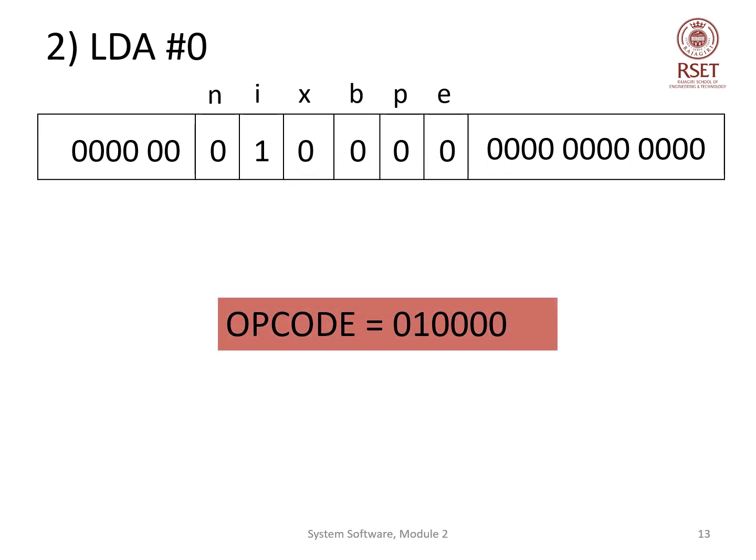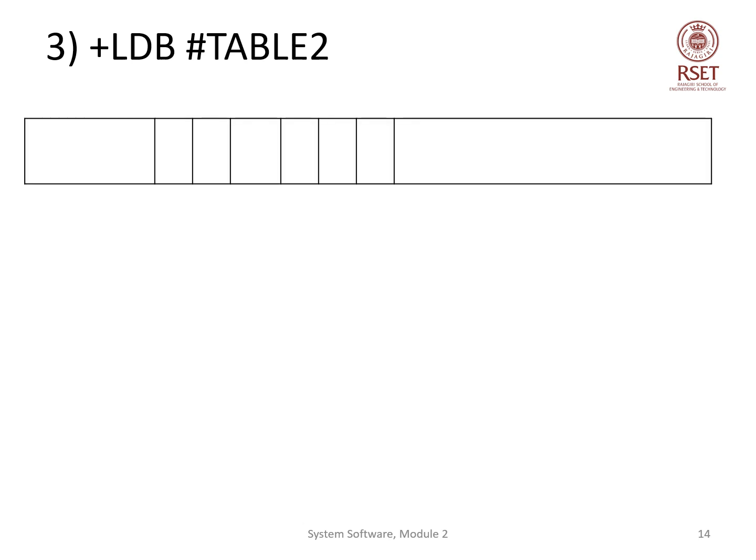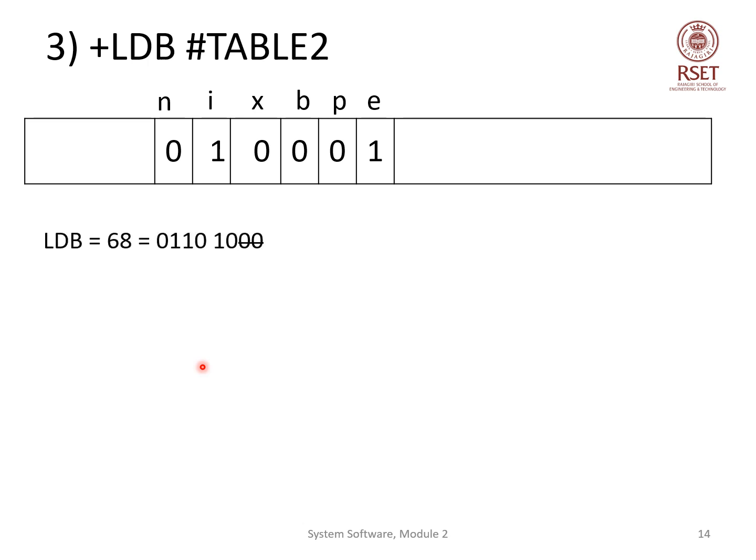Okay. Third instruction is +LDB #TABLE2. When there is a plus sign at the beginning, it means it is format 4. In format 4, instead of a 12-bit displacement, you have a 20-bit address over here. Now since it is #TABLE2, it means it is immediate addressing. So I is 1, N is 0, X is 0, E is 1 because it is format 4, and B and P are zeros. Now LDB has the code 68.